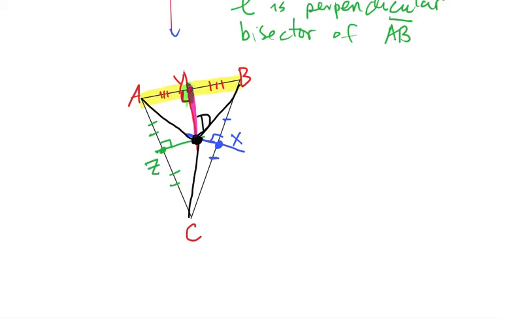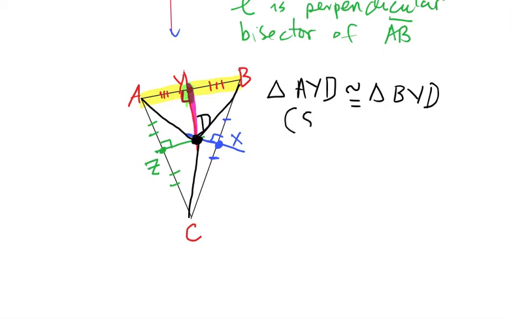So we can say with a lot of confidence that triangle AYD is congruent to triangle BYD. Our reason here would be nothing really special: side, angle, side.